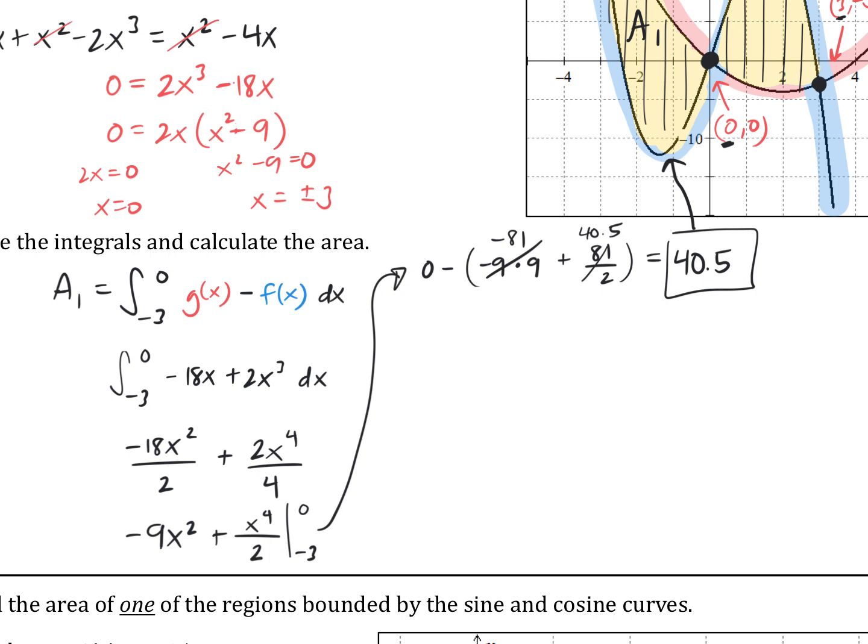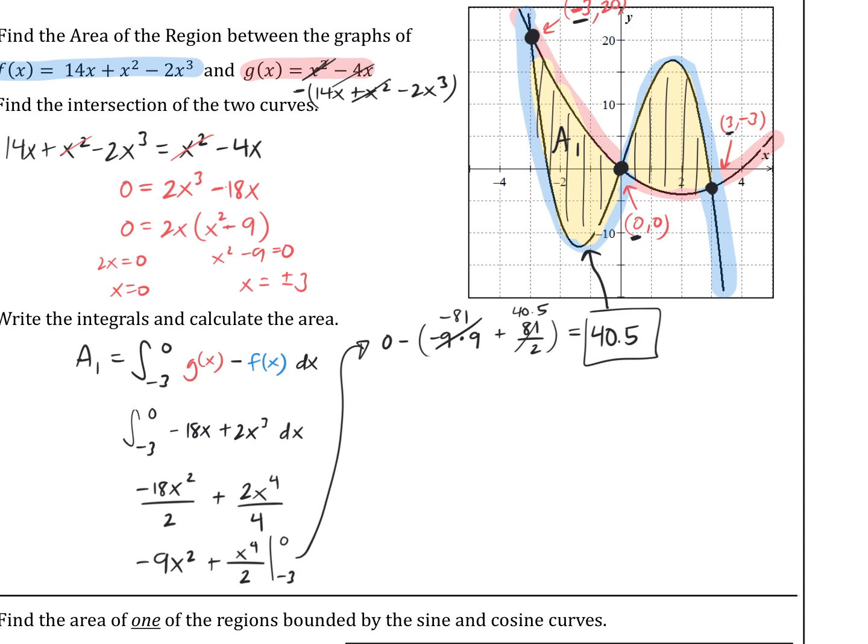Now the only thing that's going to change from my area 1 curve to my area 2 curve is what? The bounds and also the order, right? So I guess there's actually 2 things. So instead of taking my top curve, which is the red one here, and subtracting my blue curve, my top curve in my second section is blue, and then we're going to subtract the red curve, okay?